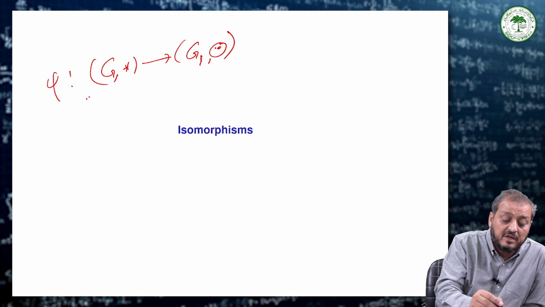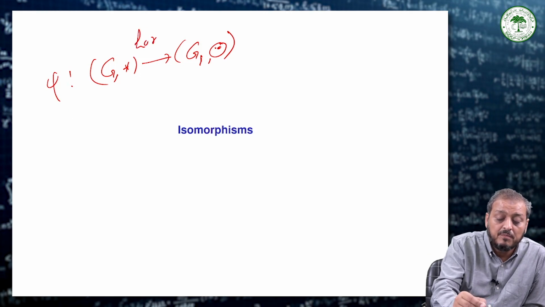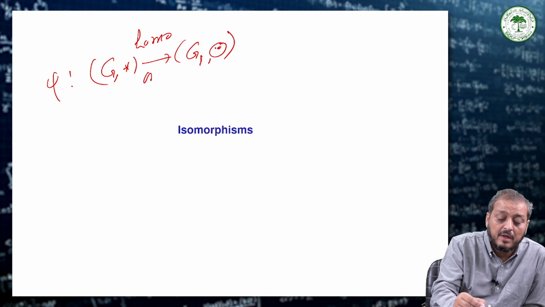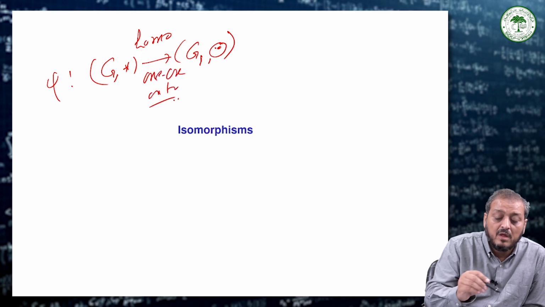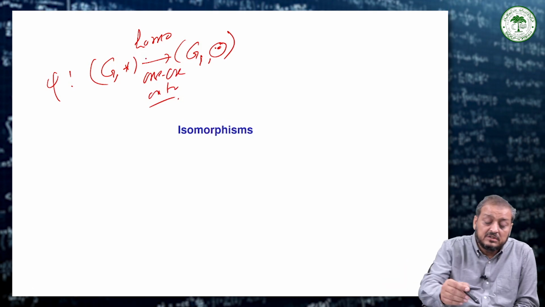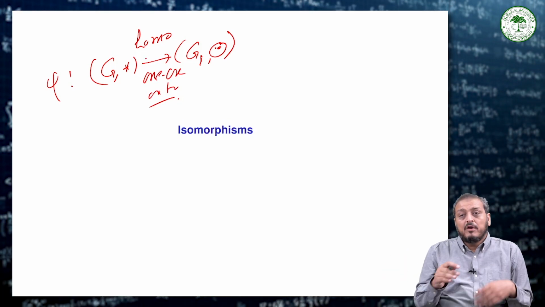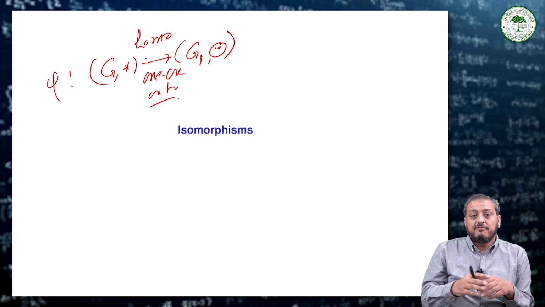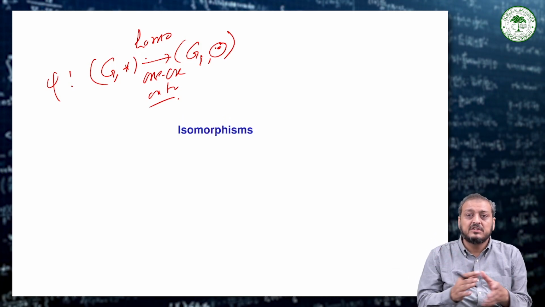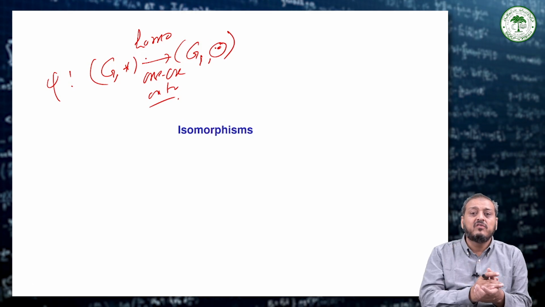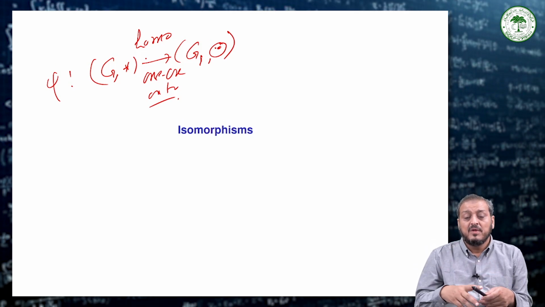If this phi is a homomorphism, and it is also one-one and onto, that is bijective, then it is called an isomorphism.